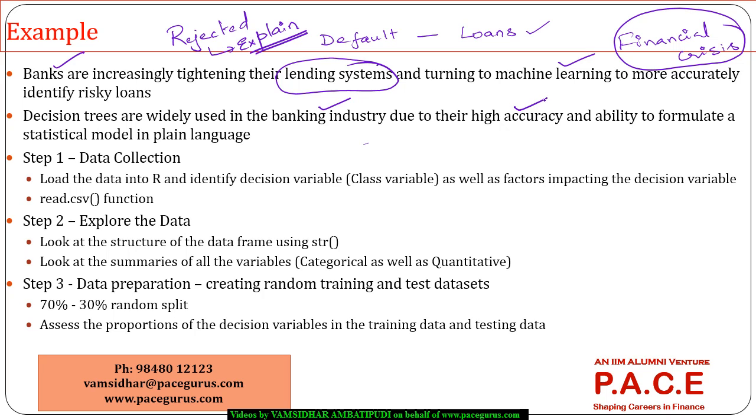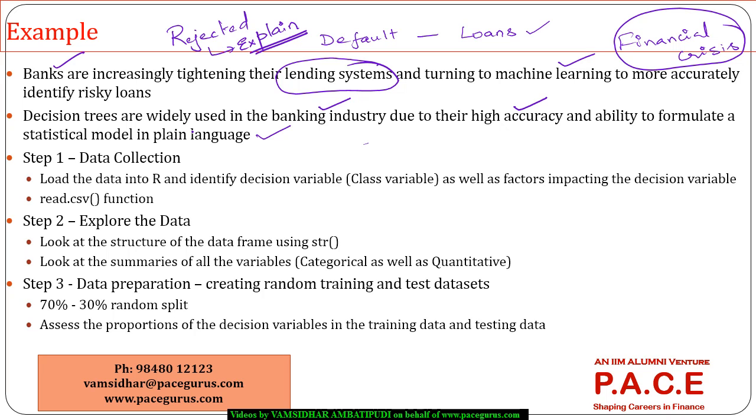They are highly accurate, and at the same time I don't need a mathematical or statistical background to explain a decision tree to a common person. It can be understood quite easily and explained as a reason for rejecting a particular loan. So because of those reasons, decision trees are much more popular in the banking industry.